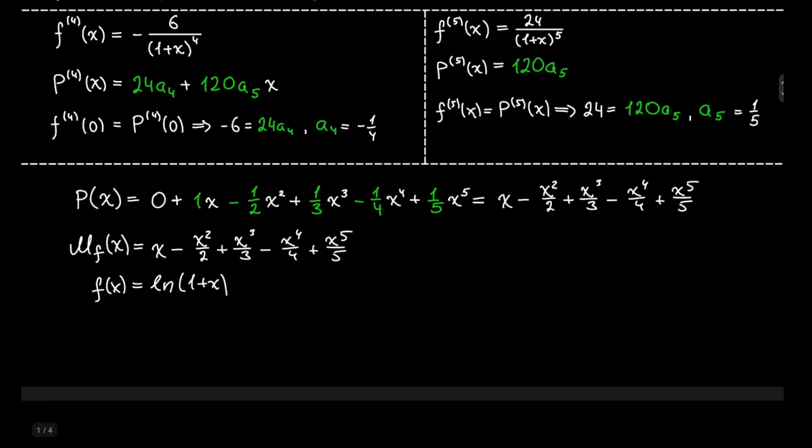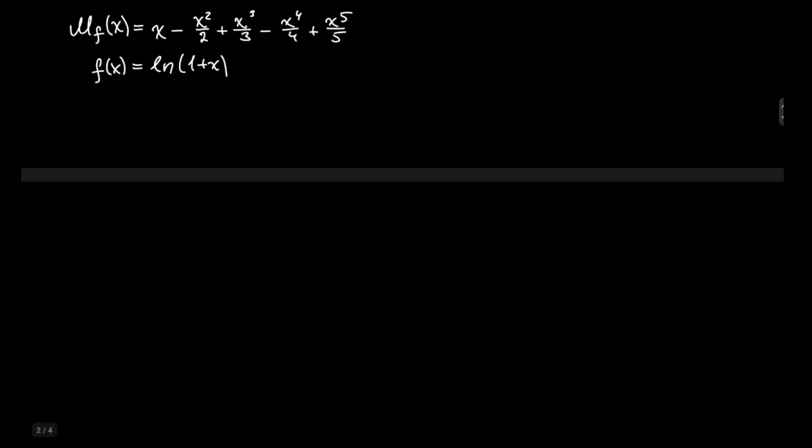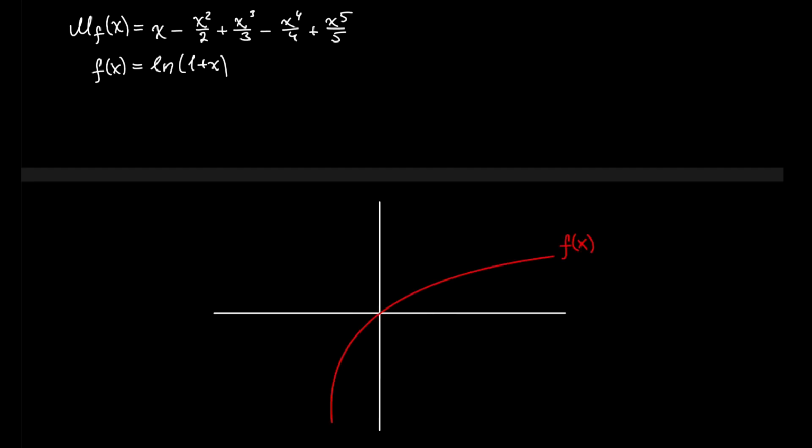To understand the power of the Maclaurin series, let's take a look at a visualization of the function ln(1 + x). I can tell you, or you can also find out yourself with a graphing calculator such as Desmos or your actual calculator. The natural log of 1 plus x is this red function right here.